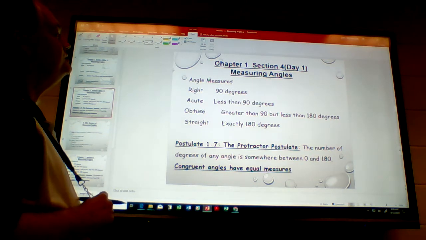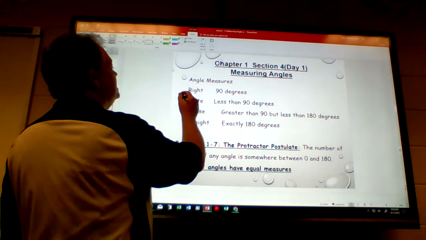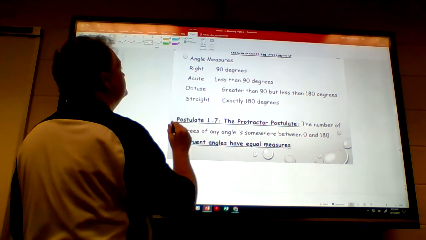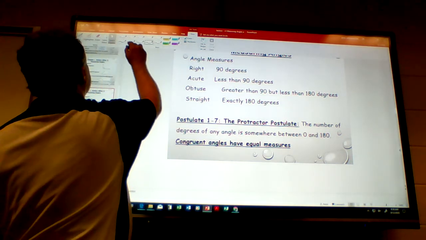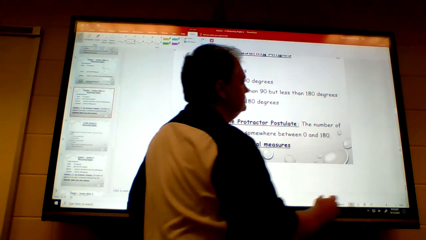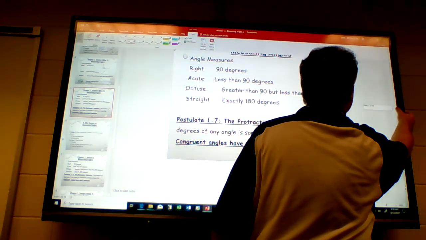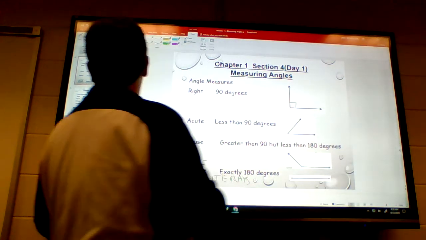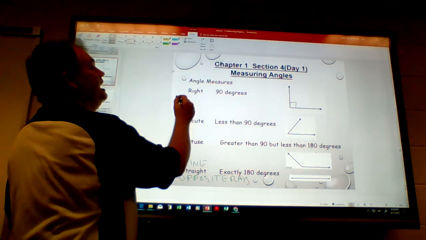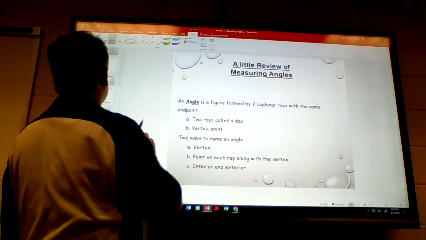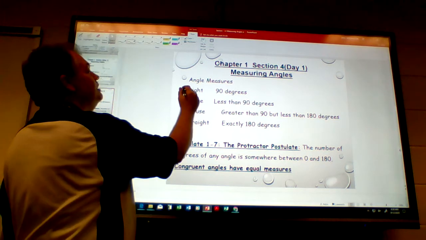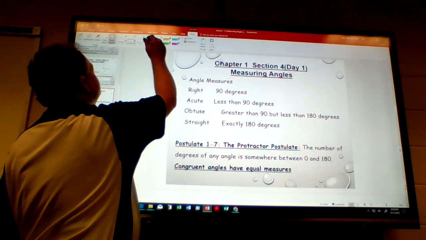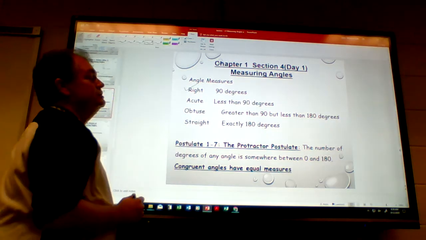Okay, once again, this is a reminder. An angle, you classify by angle measure. Sorry, I have a little problem with the PowerPoint. Right angle: 90 degrees.